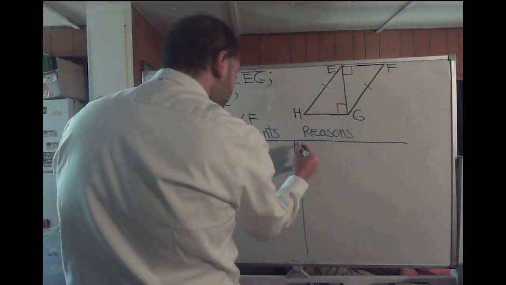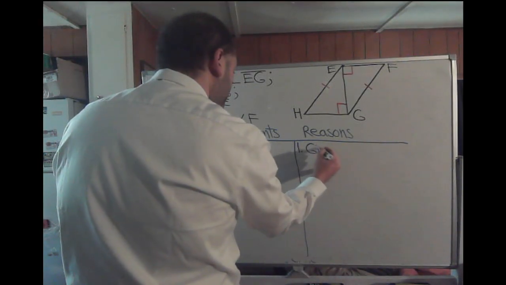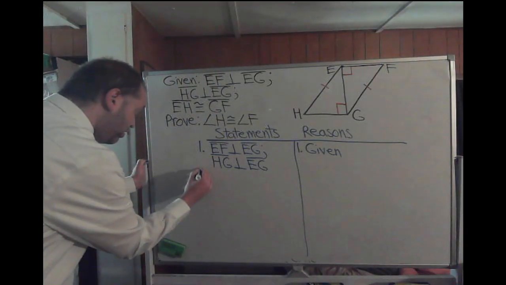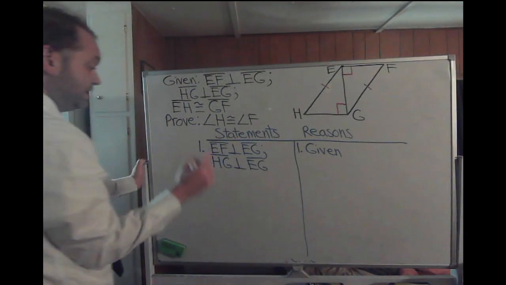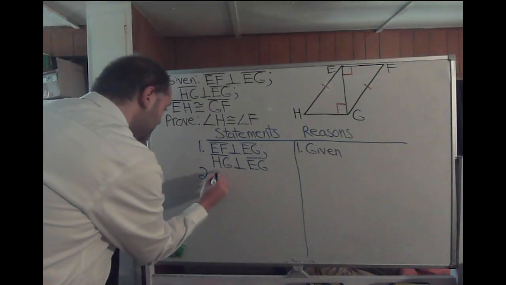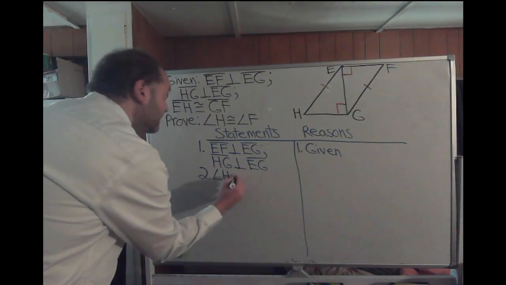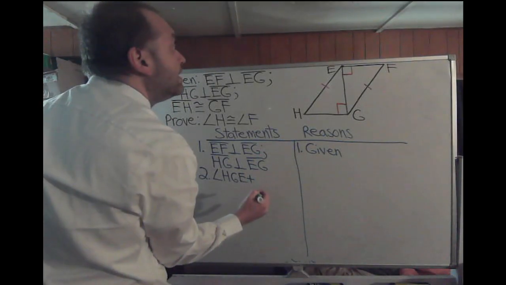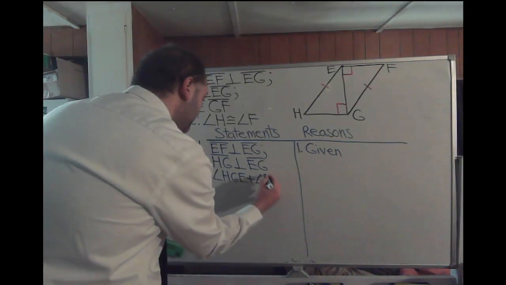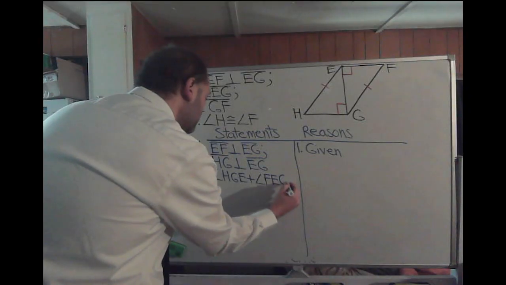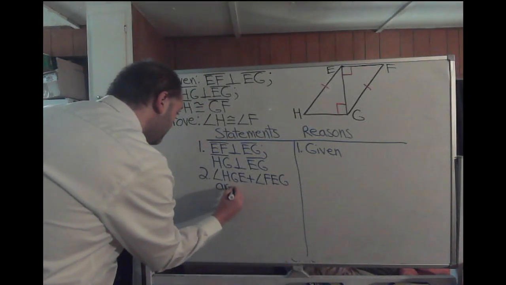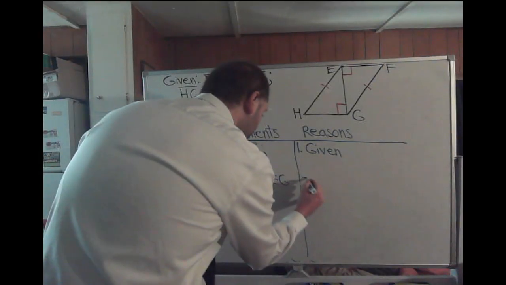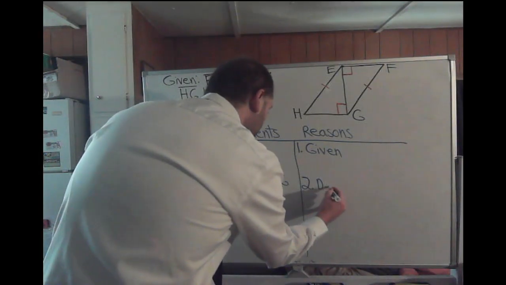That, of course, was given to us. Well, if we have perpendicular lines, that means that angles HGE and FEG are right angles. That's going to be by the definition of perpendicular lines.